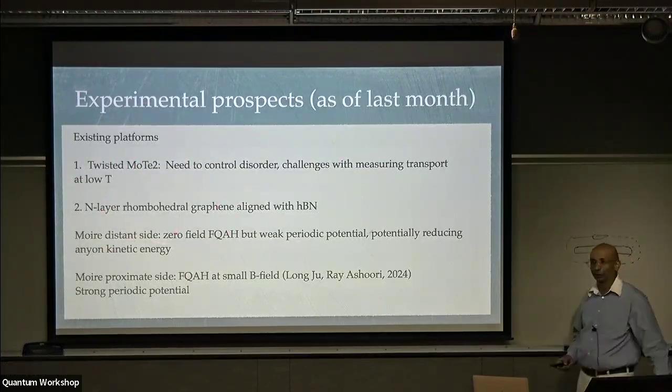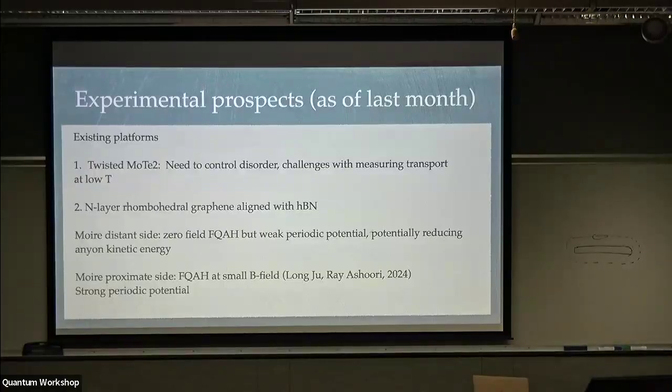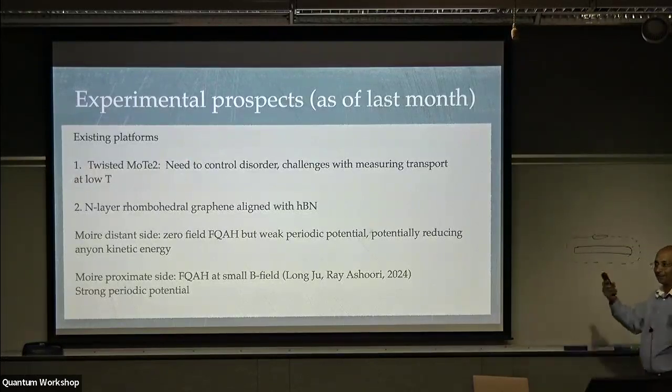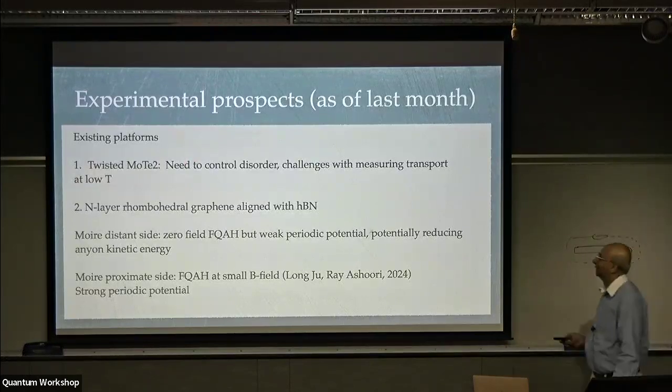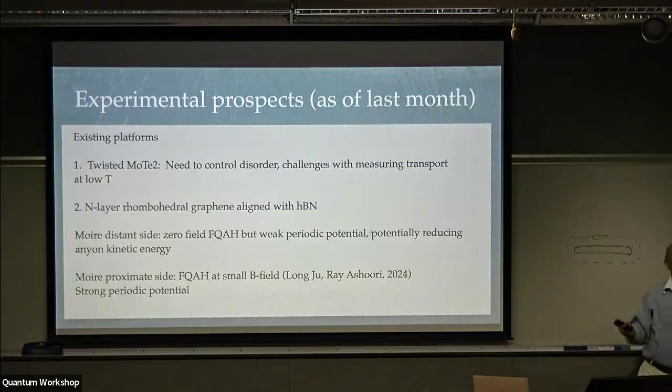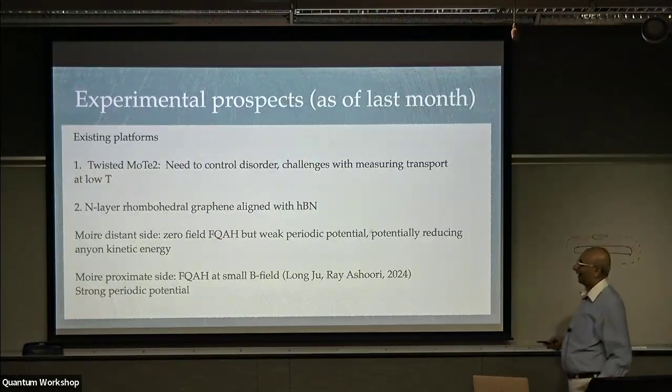I said MoTe2, it's tough, you need to control disorder, but these people have gotten really good at controlling the disorder. Maybe not, I'm sure there's a lot of room for improvement, but we saw in June's talk yesterday, they made it very, very clean. But then there are challenges with measuring transport at low T. But again, they have made tremendous progress in overcoming those challenges.